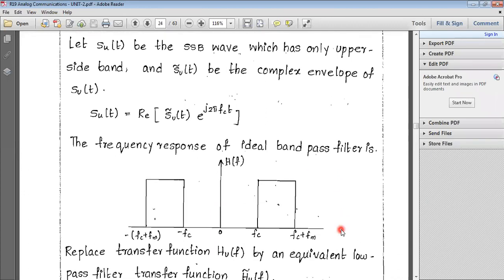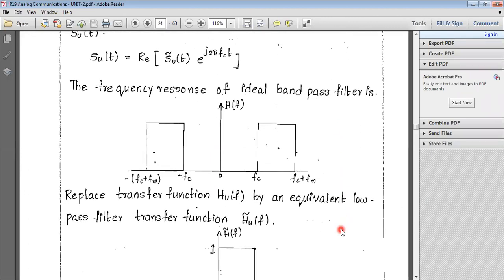Now, here we observe the frequency response of the ideal band pass filter and low pass filter. Already you know, in signals and systems, the frequency response of the ideal band pass filter is mentioned with H of f. So that is the transfer function for the ideal band pass filter.